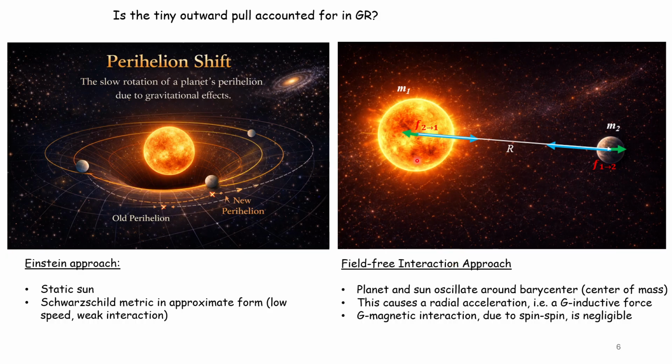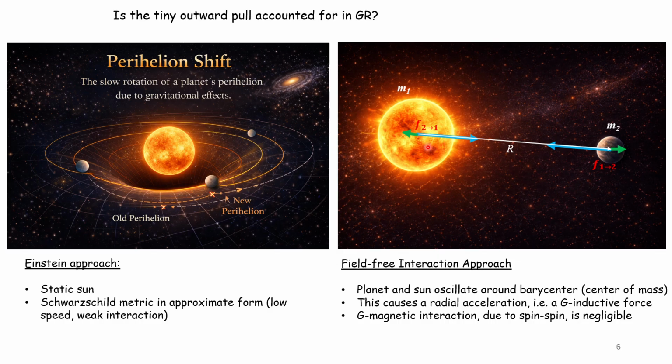We have to take into account that the Sun is not static, but it accelerates radially around the center of mass, the so-called barycenter. This acceleration is, of course, tiny, but we look for a tiny effect. So we have a radial acceleration.